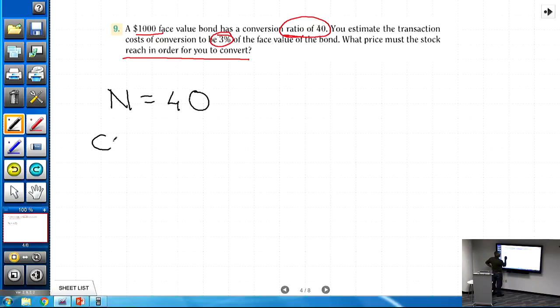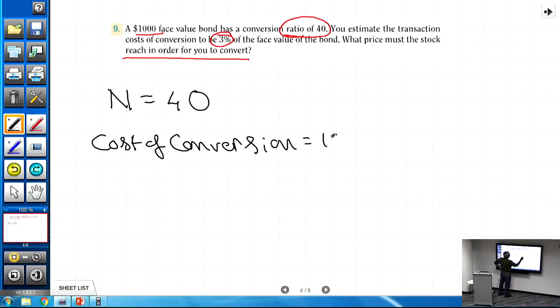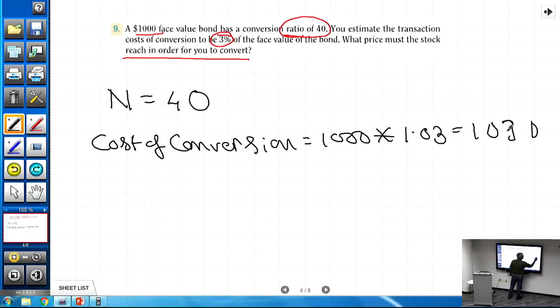The cost of conversion is 1,000 times 1.03. Total cost will be 1,030.